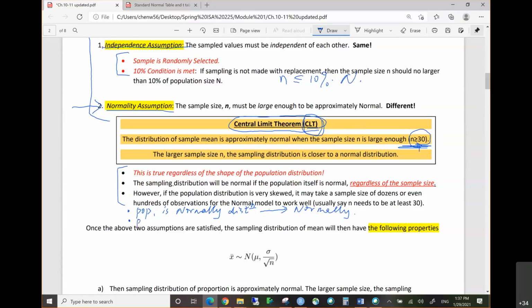The other way, if the population is not normal, the population is skewed, then you need to be careful. You have two cases. You need to care about the sample size. If the sample size is larger than 30, that means we can apply the central limit theorem so that the sampling distribution is also normal.